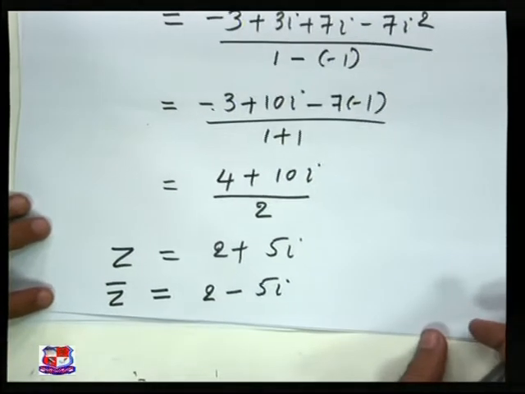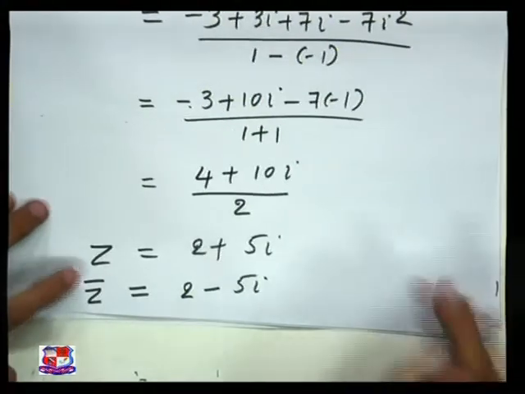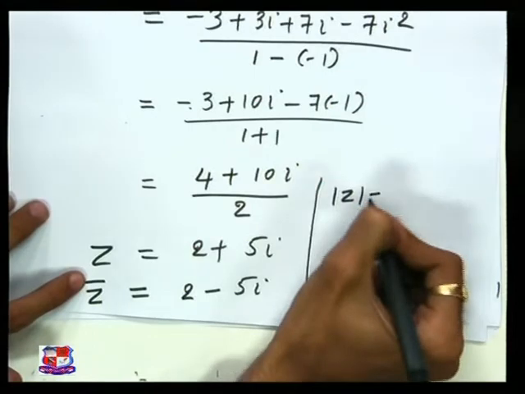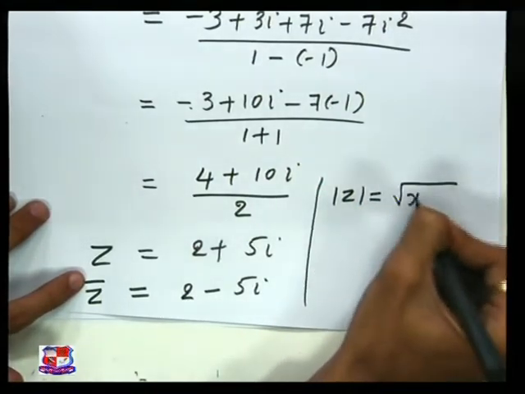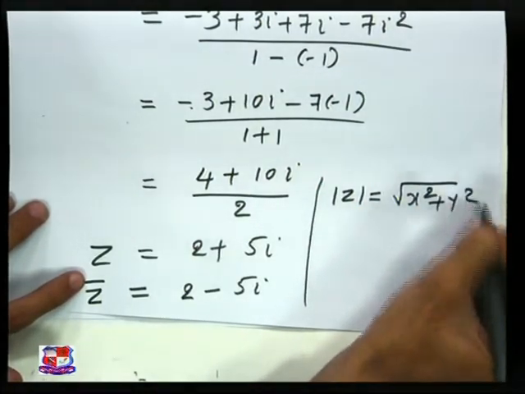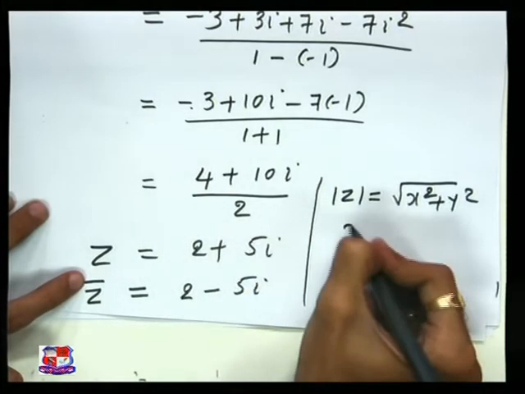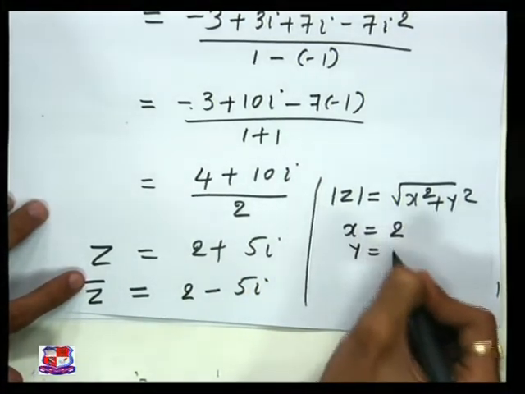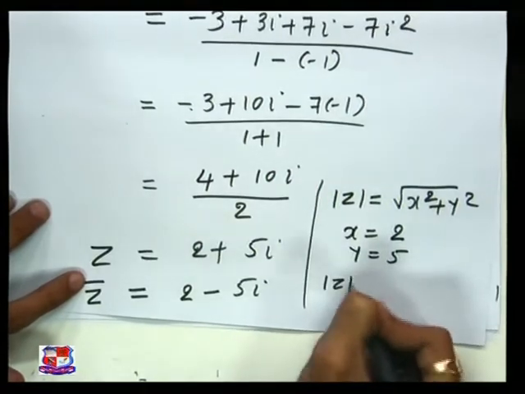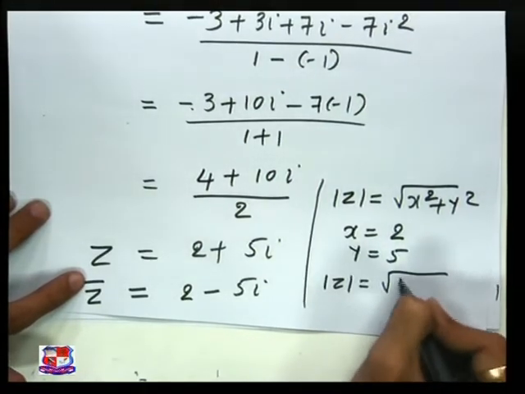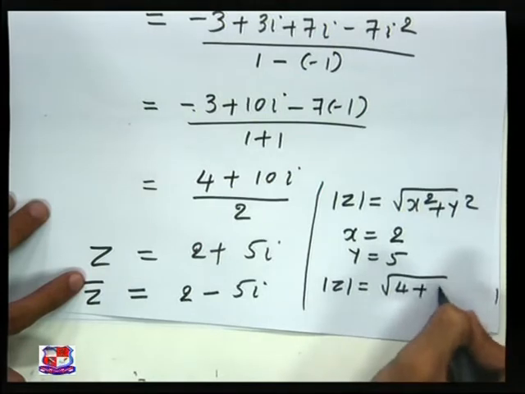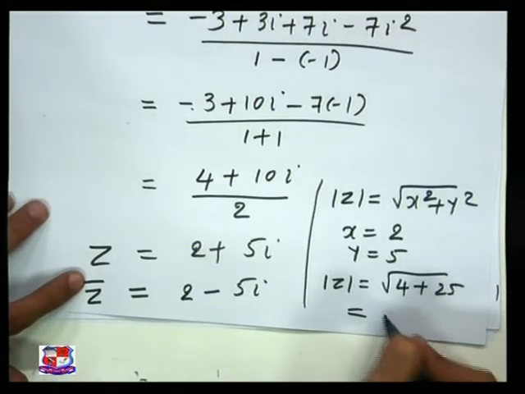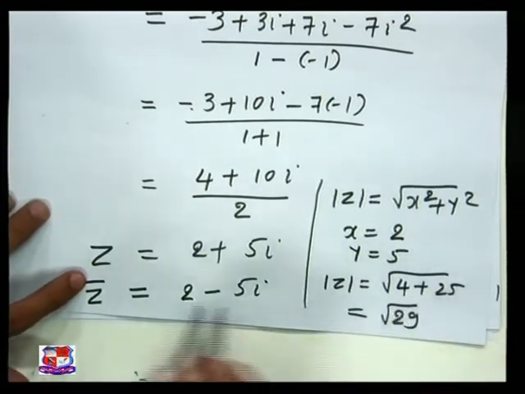So the conjugate complex of this number is 2 minus 5i. And if we want to find the modulus, then modulus of z is equal to root of x square plus y square. In this case, x is equal to 2 and y is equal to 5. So I will get mod z is equal to root of 4 plus 25, that is equal to root 29.